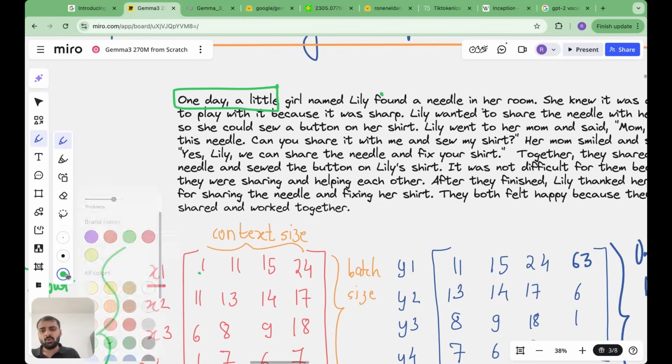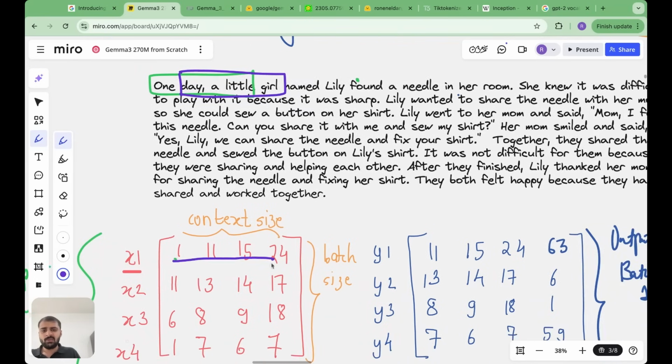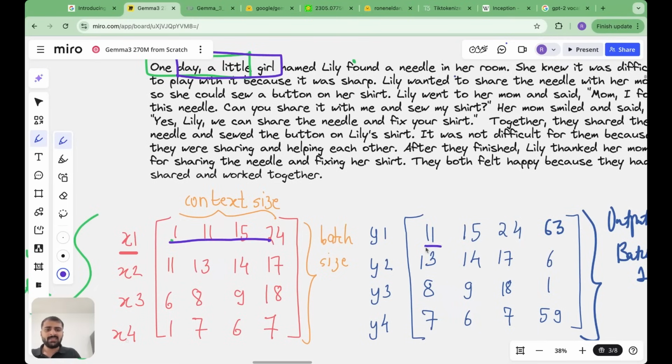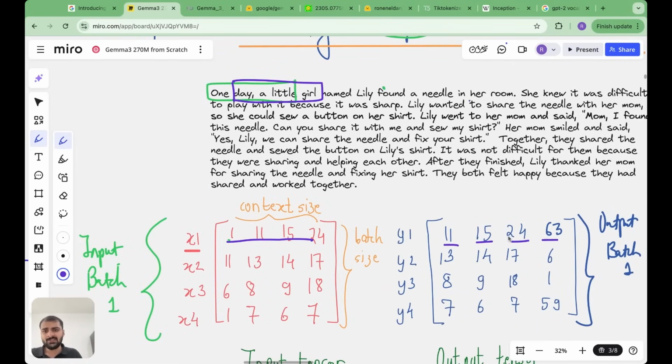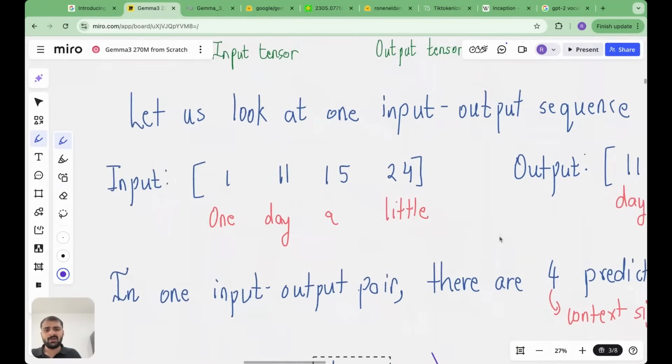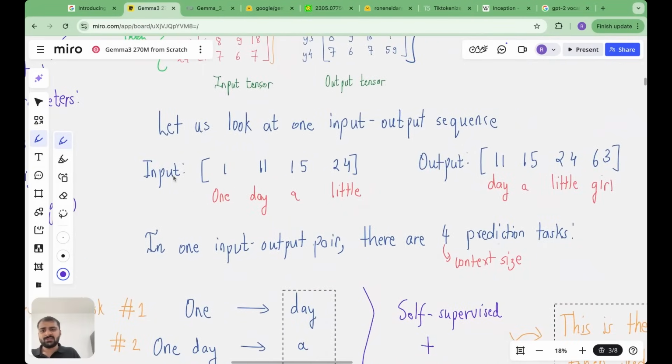To create the ground truth, or the output data, for this input sequence, we simply shift it to the right hand side by 1. So the ground truth for this input sequence is going to be day a little girl, which has token IDs 11, 15, 24, and 63. That is my first input output pair, which I have written also over here. My first input sequence is one day a little, corresponding to token IDs 1, 11, 15, and 24.